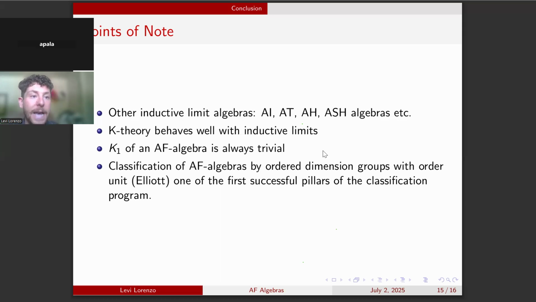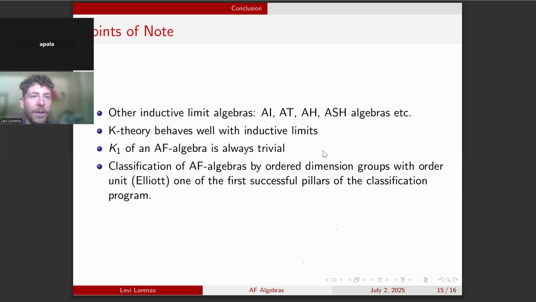And in general, classification is, I was going to say it's obvious, but by the end of this course I hope it will be instilled in you that the classification program has been a huge accomplishment, a huge undertaking, and a huge motivating force in the study of C-star algebras over the past generation or two.